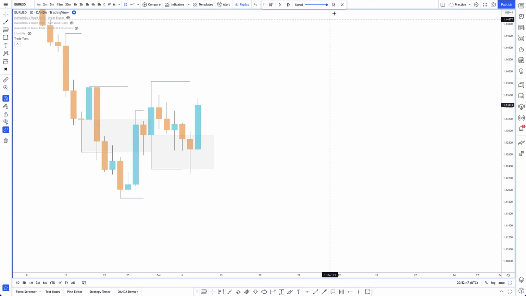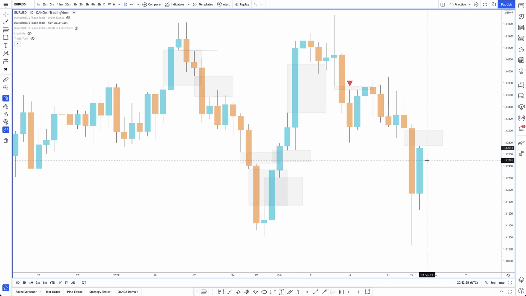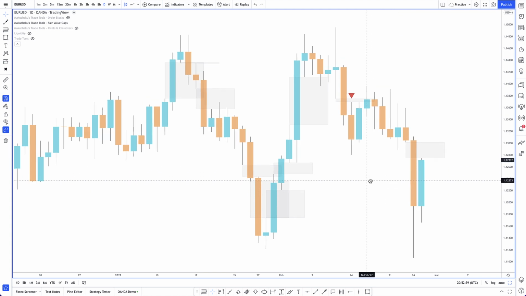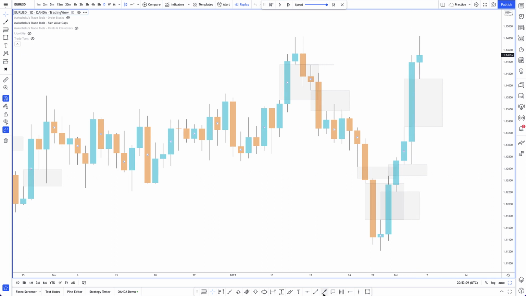Let's go on and see the next concept, which is fair value gaps. Fair value gaps are very interesting concepts in a way, and they help us understand the market dynamics. To understand a fair value gap, you need to know that there is a three candle formation.